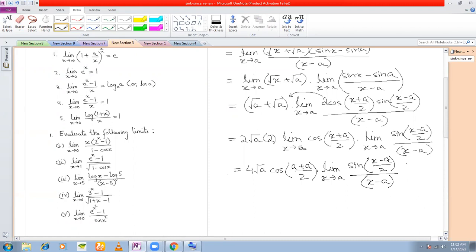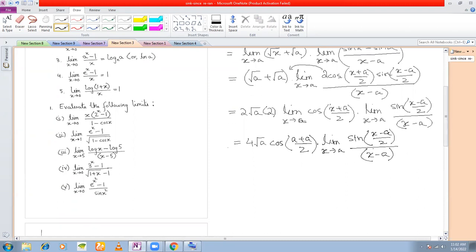Now if we try to bring this limit to sin x by x form, then this should be equal to 1.